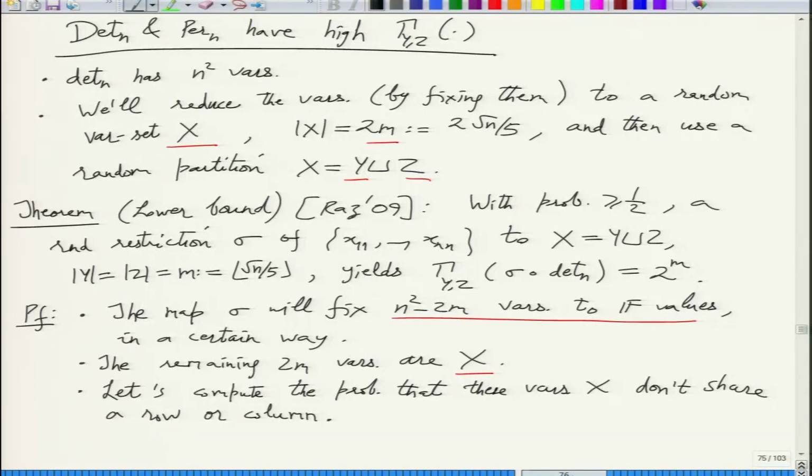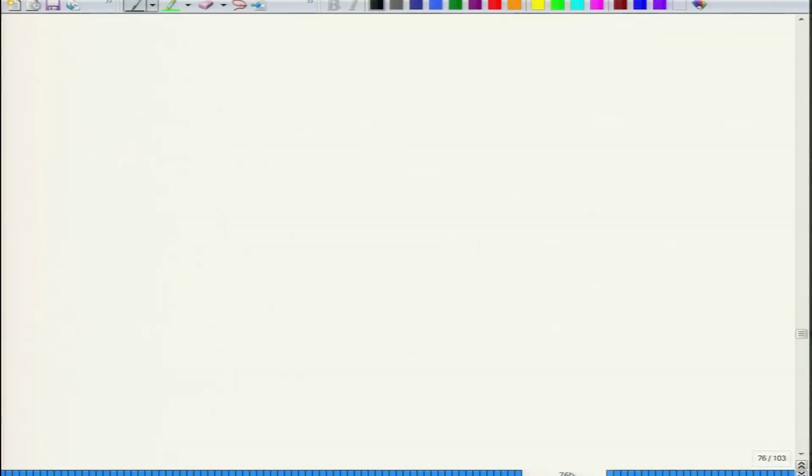Every time you put a variable, that row is gone. So sigma is a random evaluation of that many variables, and you want the remaining unfixed variables x to have different rows and columns.